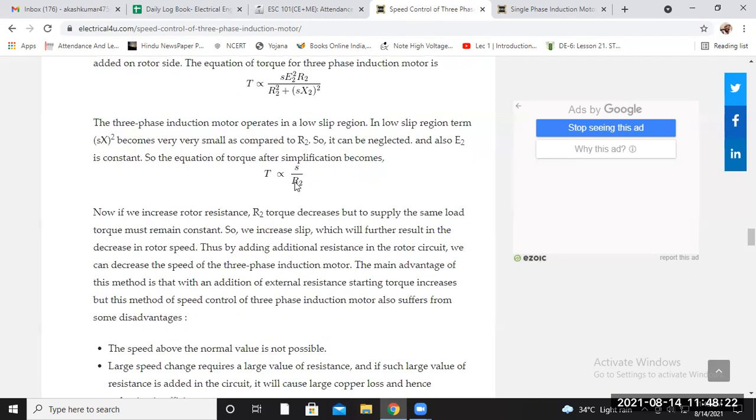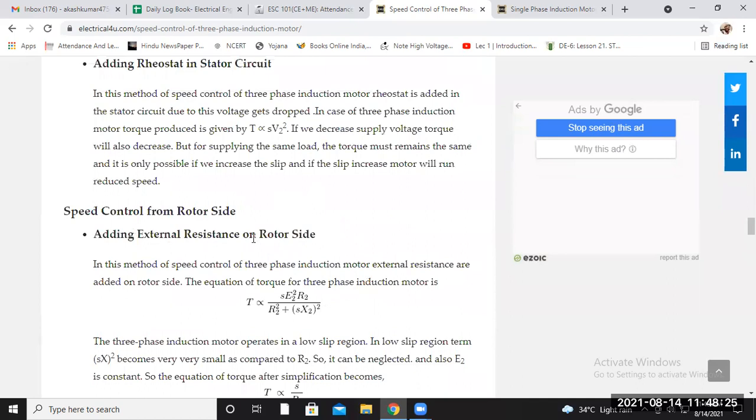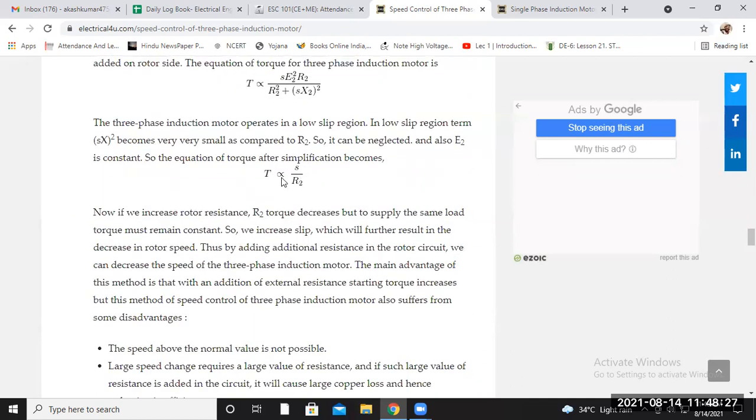So we were dealing with adding additional external resistance on the rotor side, that is, the rotor part resistance. If you increase the rotor resistance, the value of the torque will decrease, because these two are inversely proportional. With an increment in rotor resistance the torque will decrease, but with a decrement in rotor resistance the torque will increase.